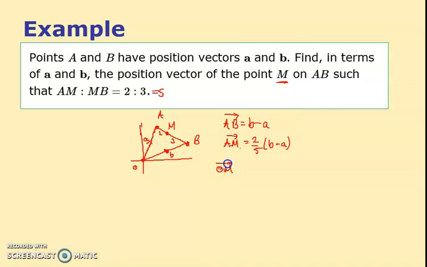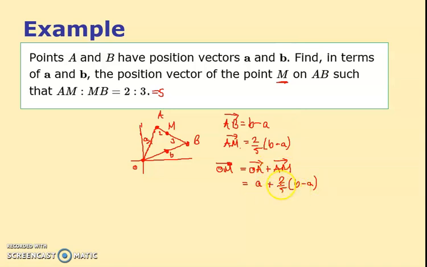The great thing about OM is you don't have to go directly. You can go from O to A and then add on A to M. And O to A is simply A. That's what we got told at the start. Plus this 2/5 of B minus A for the AM.